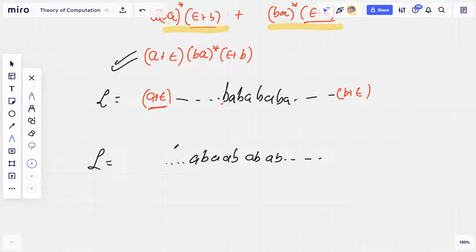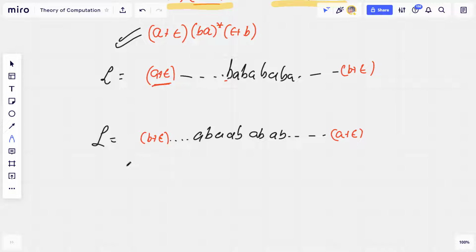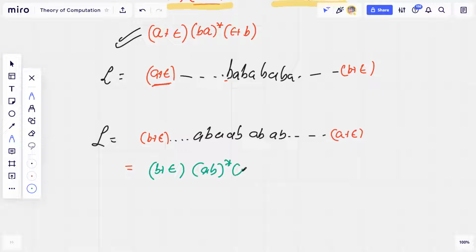And at first, as there is an A, there can be a B or not, and at last there can be A or not. There cannot be B. So the other regular expression is B plus epsilon into AB star into A plus epsilon.